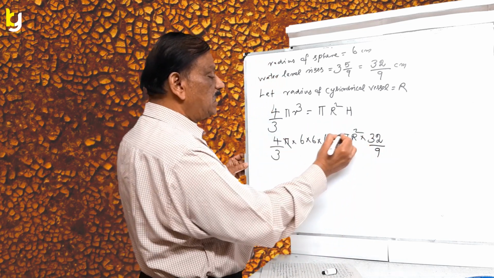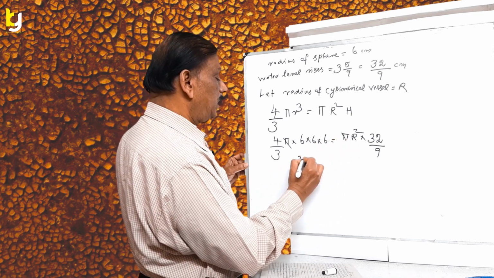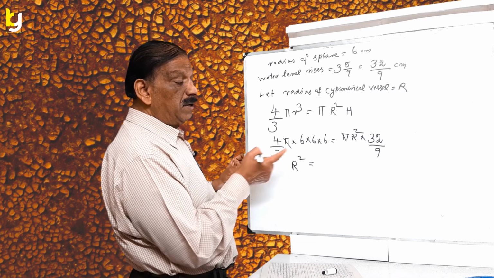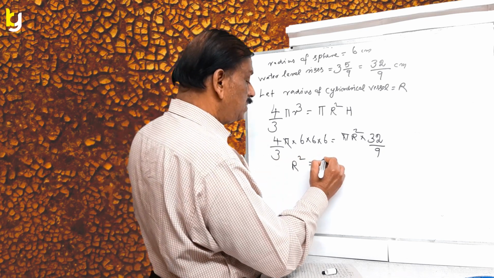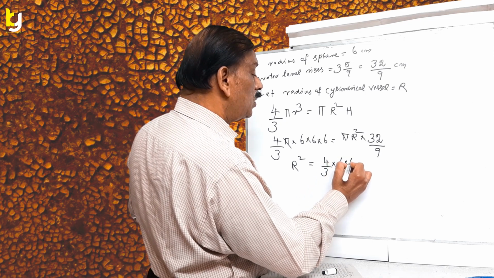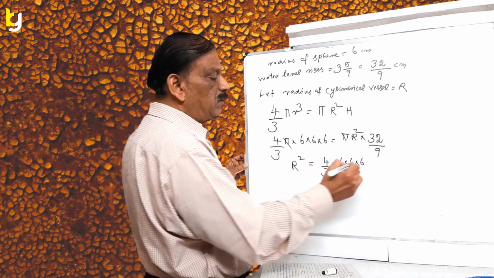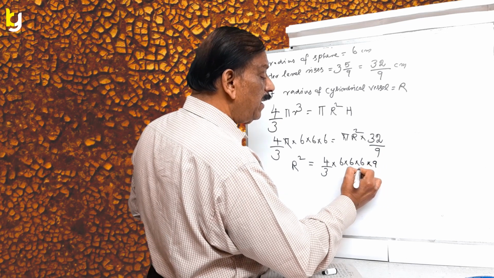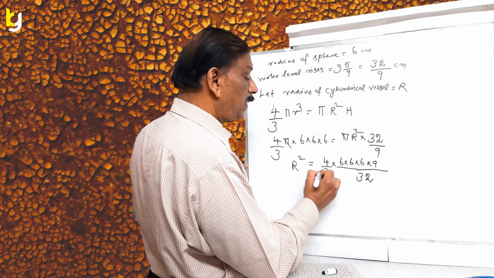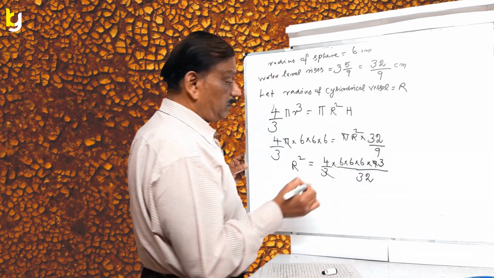Therefore, pi cancel. R square equal, bring 32 by 9 to the left hand side, that is equal to 4 by 3 into 6 into 6 into 6, 32 by 9 brings to the left hand side. So, it will be 9 by 32. 3 will go in 9, that is 3 times.